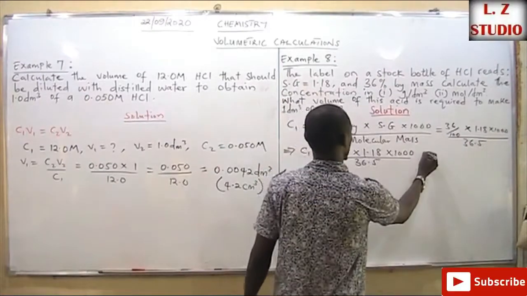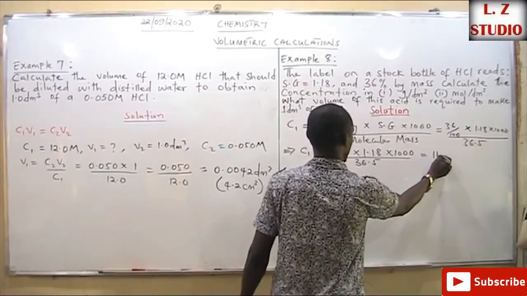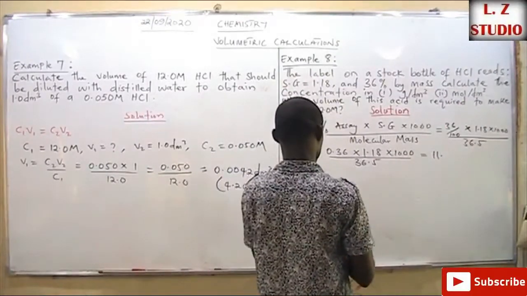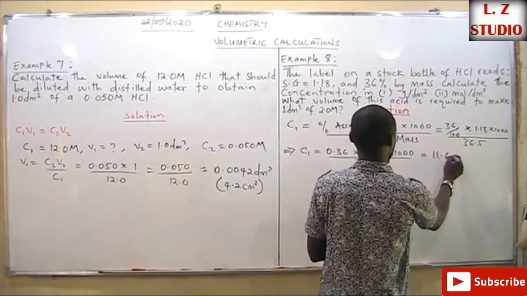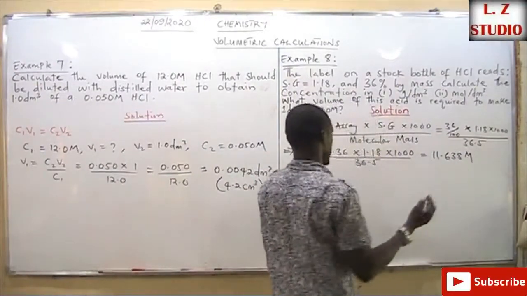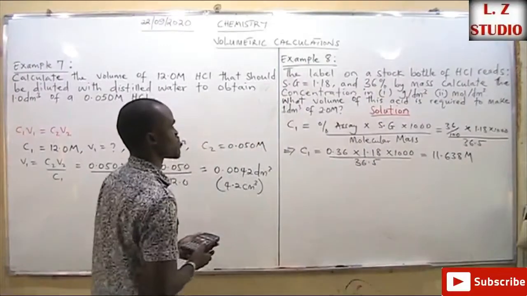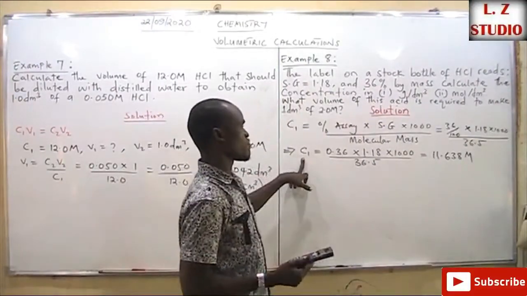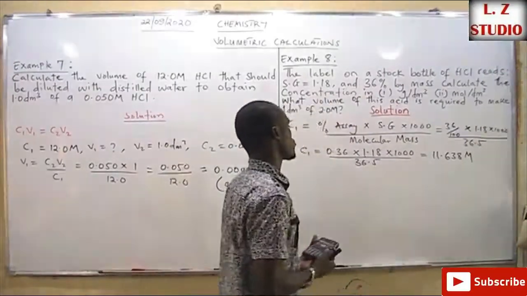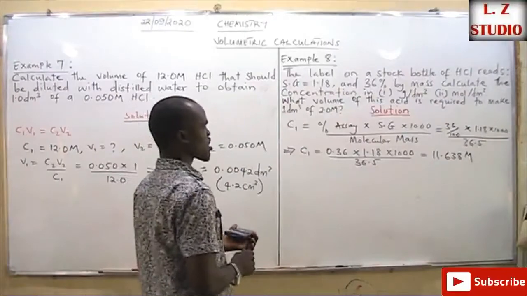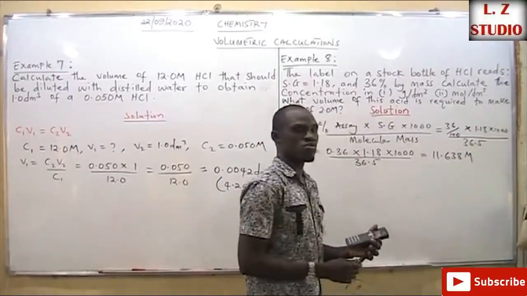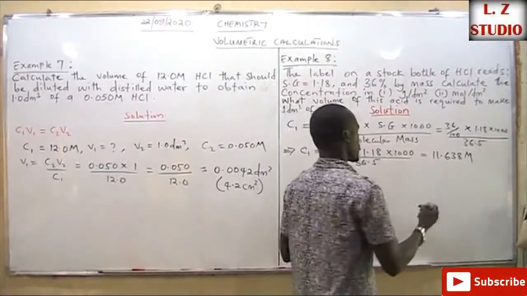In this case, we have 11.638 molar, or you can say moles per dm cube. That is the concentration of the stock, which is the concentration on the stock bottle label. So we have calculated the concentration in moles per dm cube. Are we together? So that is that.